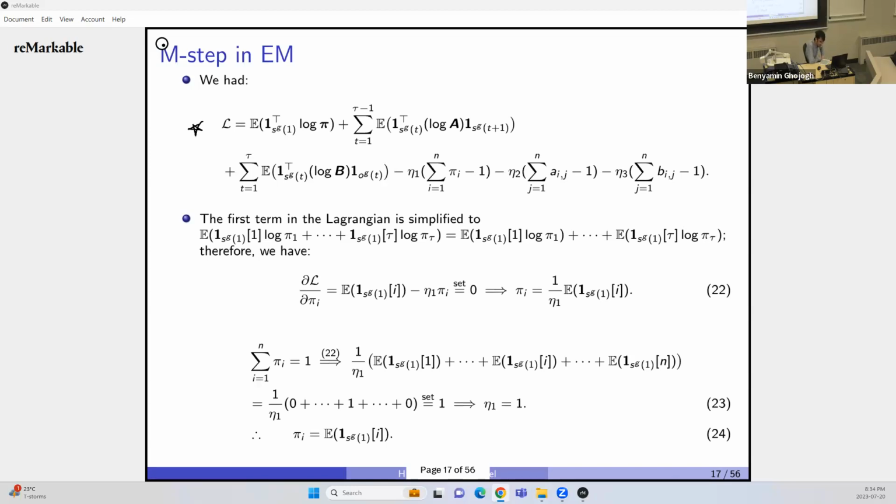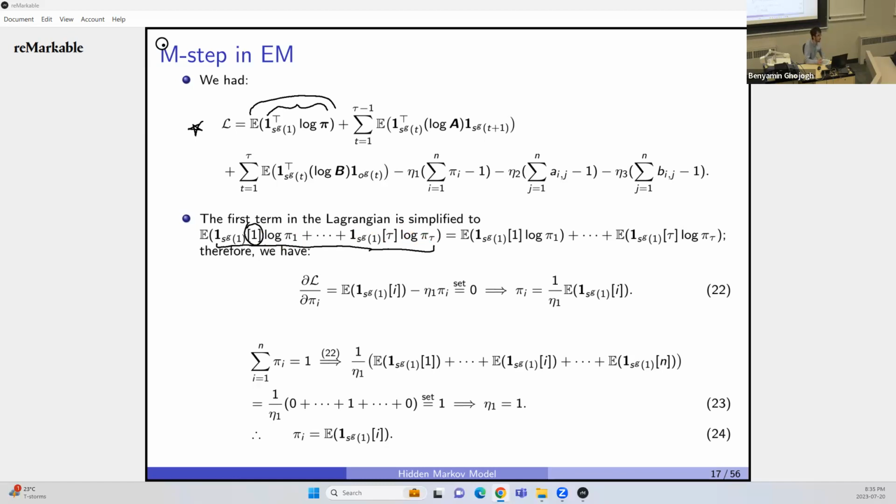Okay, so I'm repeating the Lagrangian here. Now let's take the derivative of the Lagrangian with respect to the optimization variables. We know that the first term in the Lagrangian can be simplified to this. First off, I have this inner product. I unroll this inner product to become the first element s_1 times the logarithm of π_1, until its τth element times the logarithm of π_τ, right?